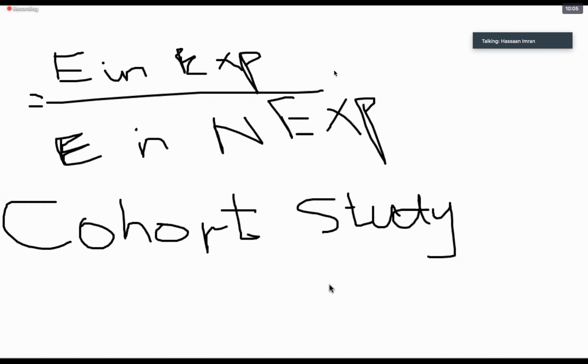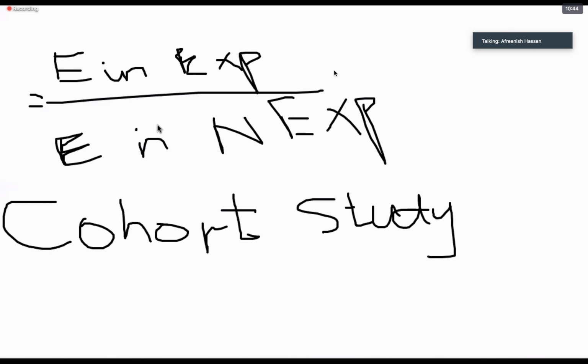Do you remember, in cohort studies, we start with exposed individuals, the way Ruth shared with us, and we do have non-exposed individuals, and we compare both of these groups together and see how many of these exposed individuals will end up with disease and how many of these non-exposed individuals will end up with disease. So what we are going to get at the end is the incidence of disease among exposed and the incidence of disease among non-exposed, isn't it?